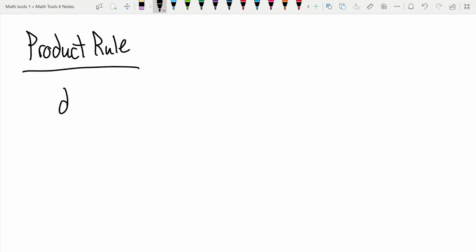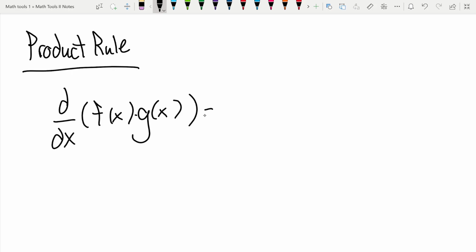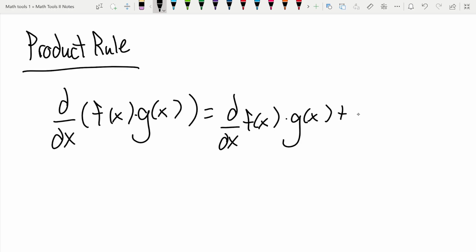Okay. So in particular, the derivative of f of x times g of x is equal to the derivative of f of x times g of x. So this is just g of x by itself, not the derivative of g of x, plus f of x times the derivative of g of x. Okay.